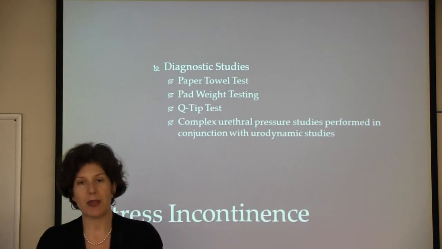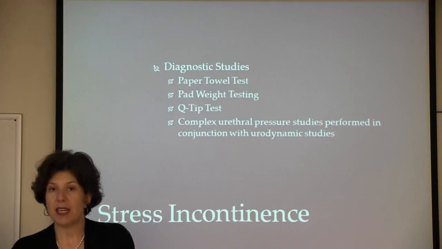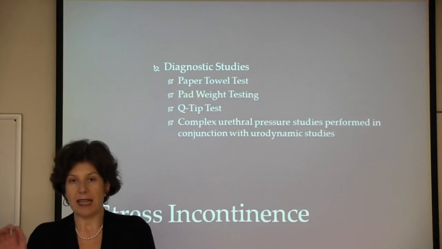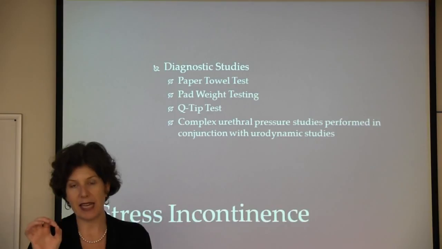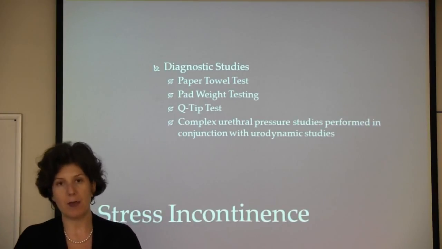So what happens with this study is the patient is filled to a moderately filled position, usually around 150 cc's, and then the patient does provocative maneuvers. The technician regards the perineum for evidence of leakage, and then at the same time will chart that on the computer.